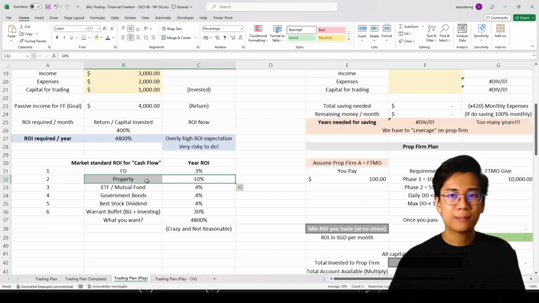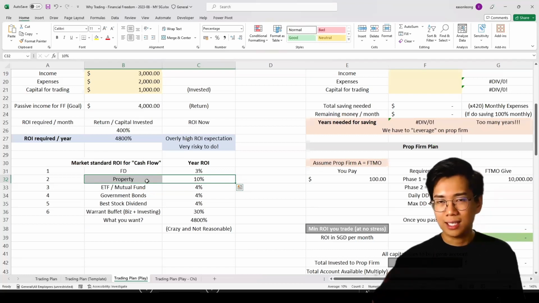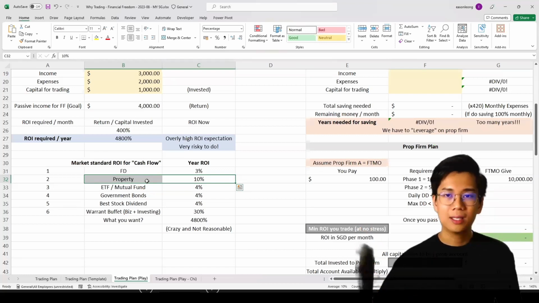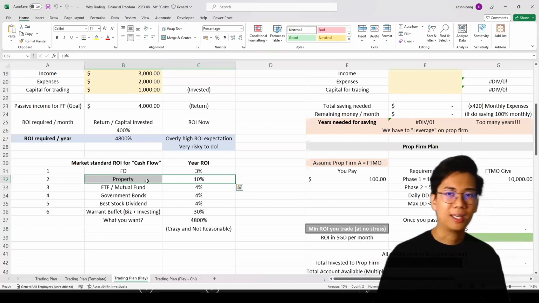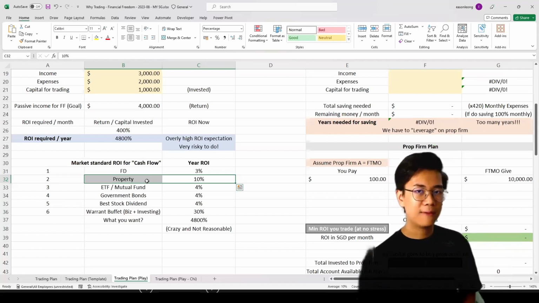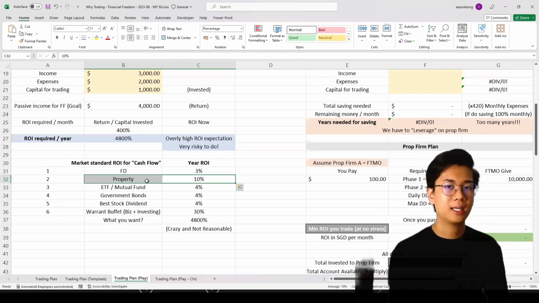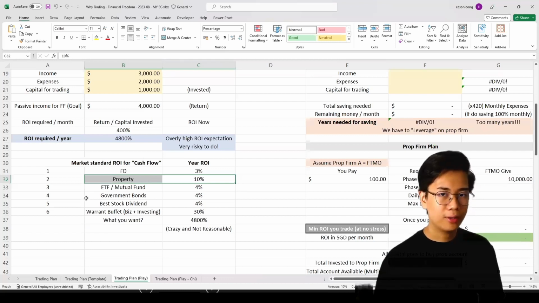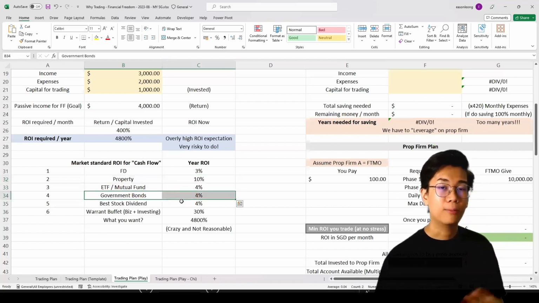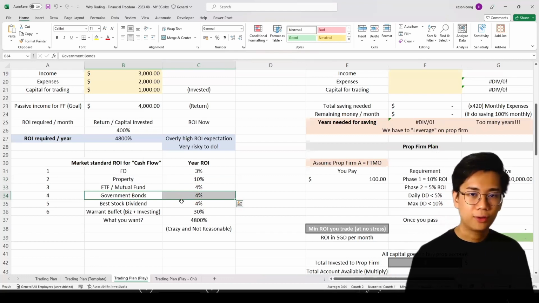I heard that for some properties, after you deduct all of the installment, you can still get an extra 10% profit from the renter. Still a pretty good market. You invest into ETF mutual funds, the top in the market can give you 4%. If you invest in government bonds, it's also about 4% only. Bond investment as cash flow.